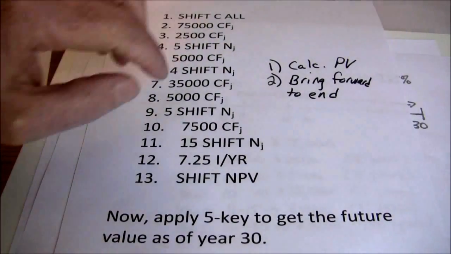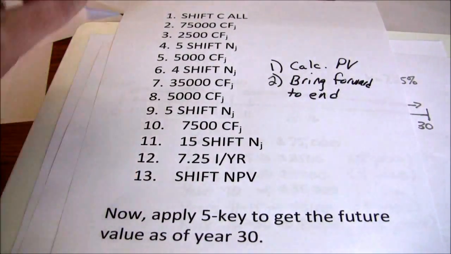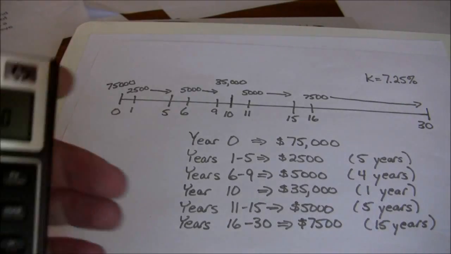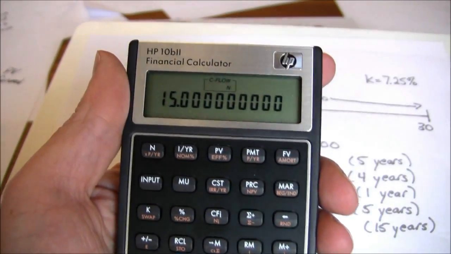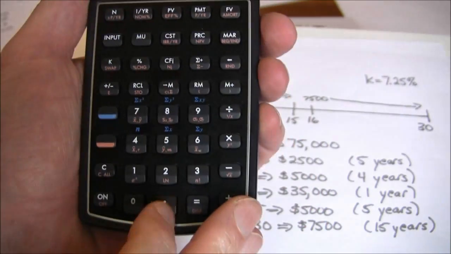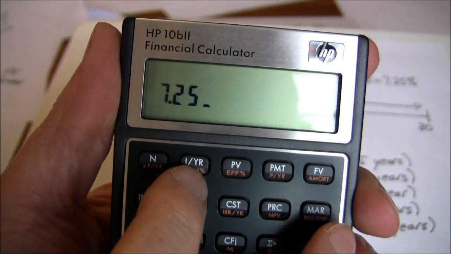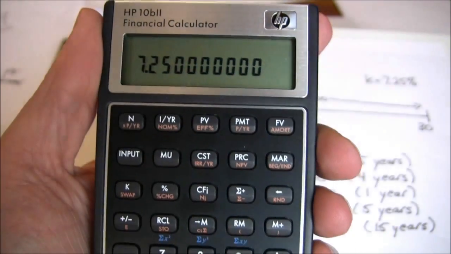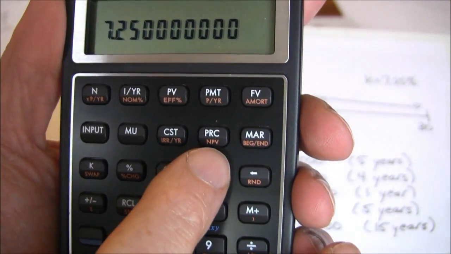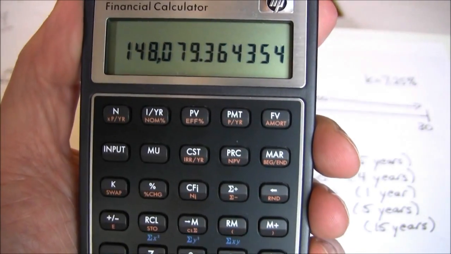Once our cash flows are entered, we want to put in the discount rate and solve for NPV. So put in the discount rate here of 7.25. Remember, you put that in using the interest per year. And now we just want to solve for NPV, which is a shift function. So Shift, NPV.